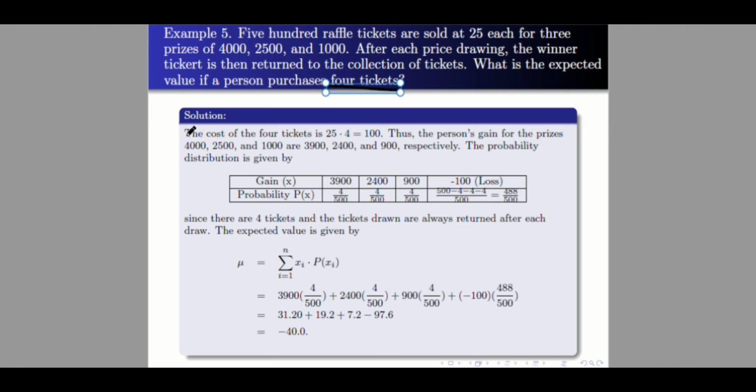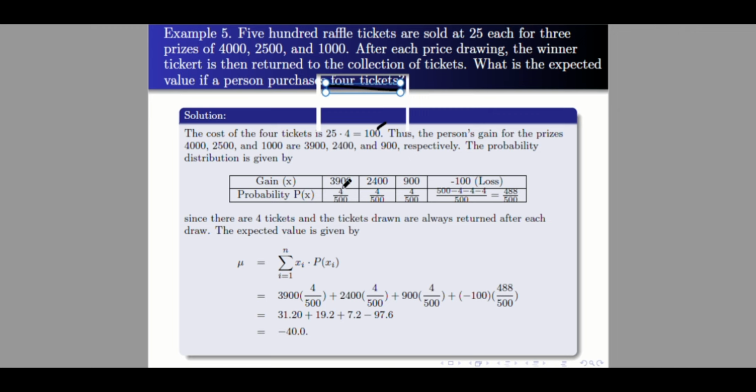For example, if you get 4,000, it does not mean that you gained 4,000, because you paid 100 pesos to join the raffle. So 4,000 minus 100 is 3,900. 2,500 minus 100 is 2,400. 1,000 minus 100 is 900. So these are now our possible gains: 3,900, 2,400, and 900.